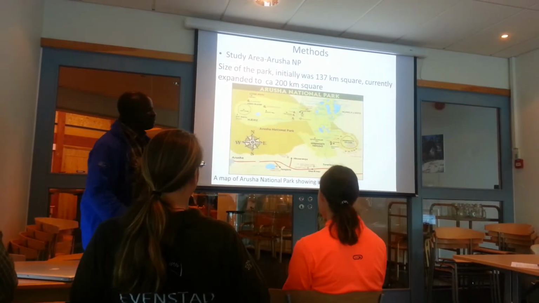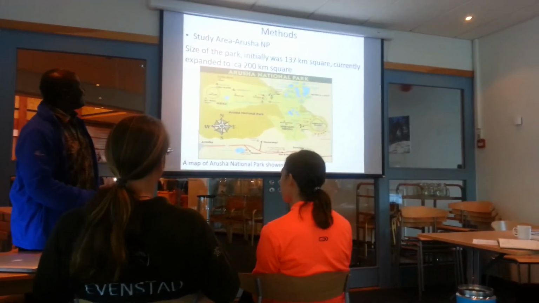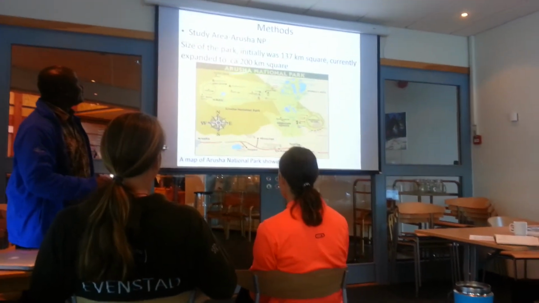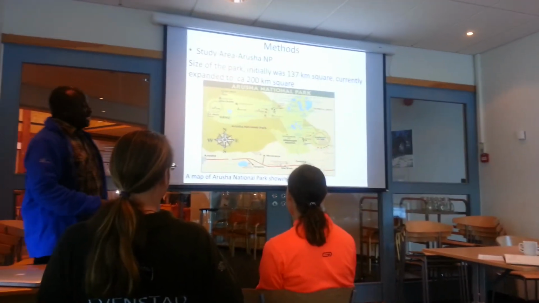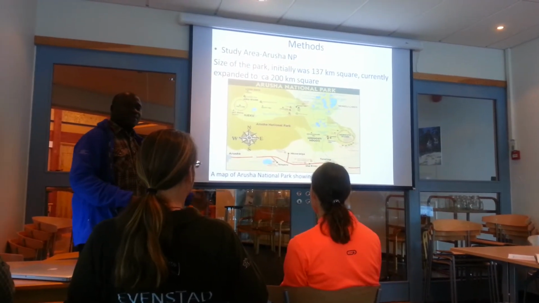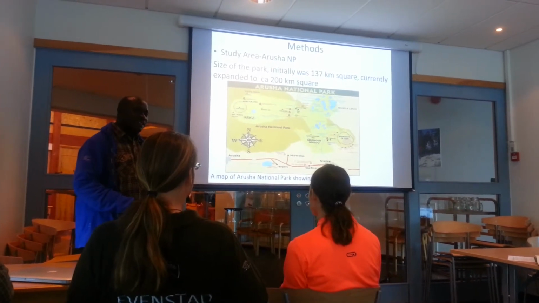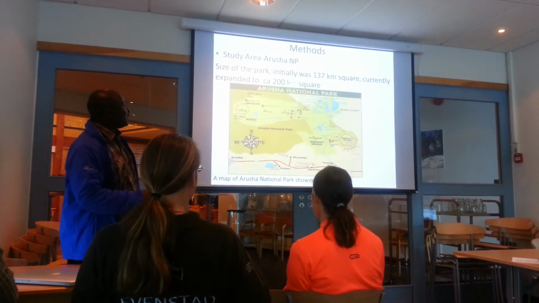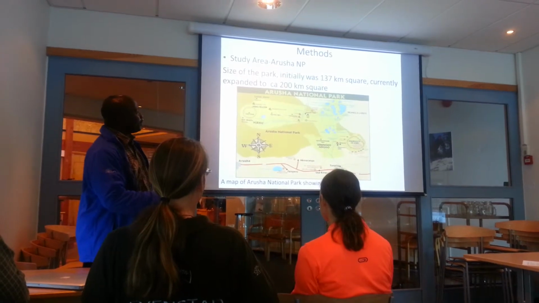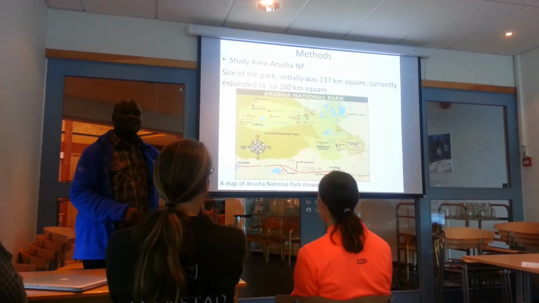Okay, thank you. This is the study area. The size of the park where I'm working is 200 square kilometers, but this is recent. Before it was 137 square kilometers. Now they have expanded.